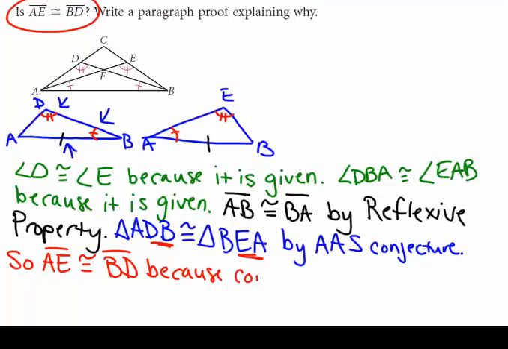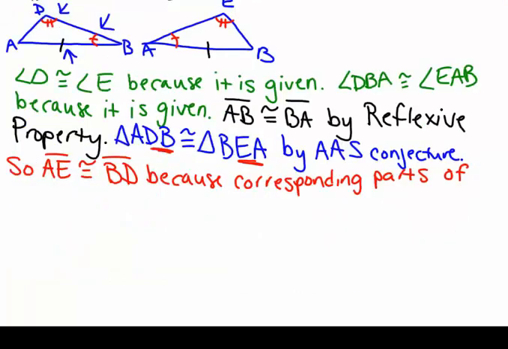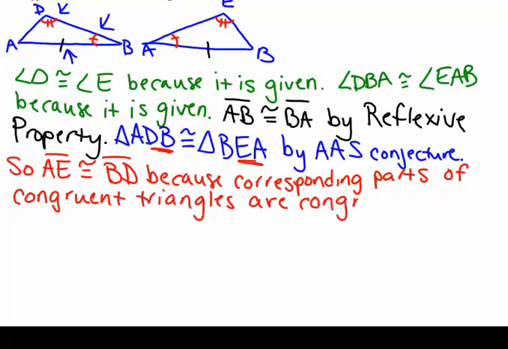So corresponding parts of congruent triangles are congruent. So once you show that two triangles are congruent, you can then say that all of the corresponding parts are also congruent.